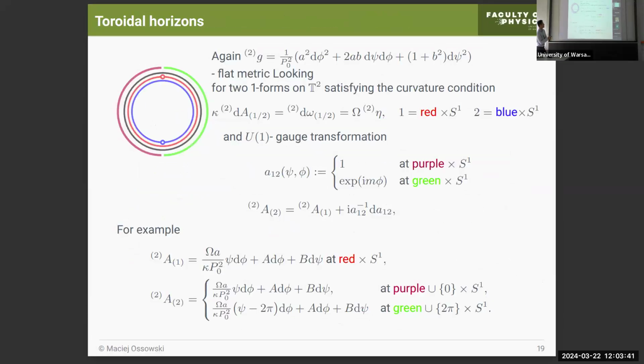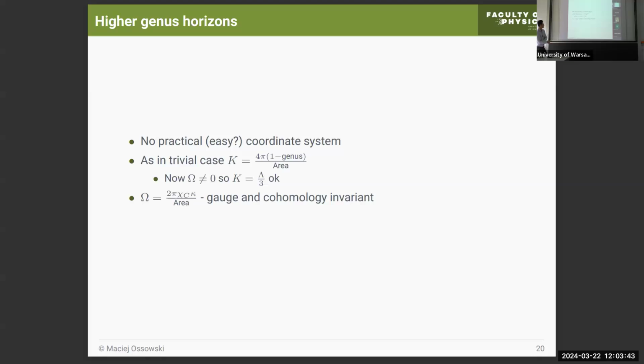Okay, so let me skip the toroidal part. Maybe just saying that in the non-trivial case, we can essentially express this invariant omega in terms of a Chern class of the horizon, surface gravity and area.